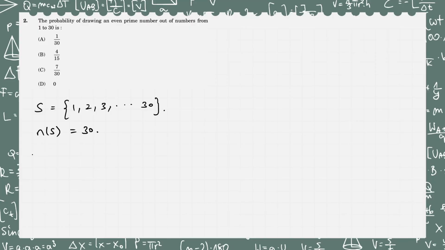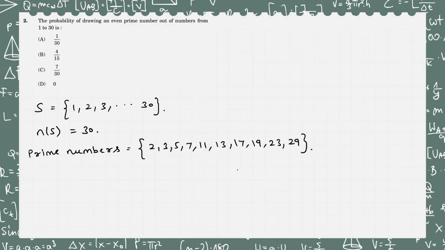And the prime numbers, list of prime numbers we will write here. Prime numbers from 1 to 30 will be 2, 3, 5, 7, 11, 13, 17, 19, 23, 29.